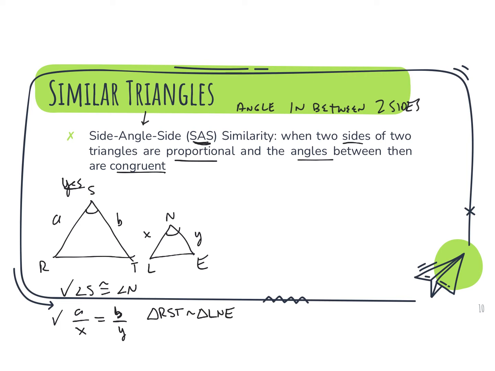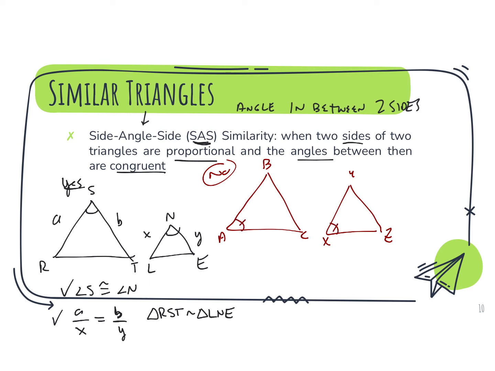Now what kids get twisted up on is this. If I've got a similar situation, A, B, C, X, Y, Z, and I say angle A is congruent to angle X, but then we call this one R, S, T, N, and I say R over T and S over N are equal, and angle A is congruent to angle X, that all might be true.